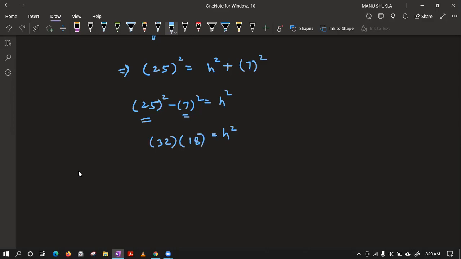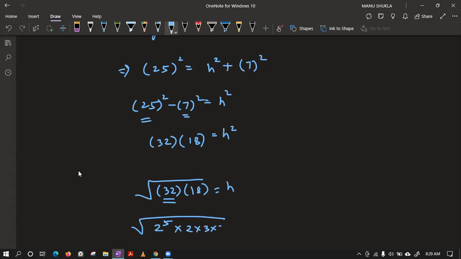Yes, class? If you know the squares and you want to solve by that, you can do that also. If you don't know, it would be fine to go with a plus b, a minus b to make it easy. So h is equal to under root 32 into 18. You just need to prime factorize it. 32 we all know is actually 2 power 5, and 18 is actually 2 into 3 into 3.